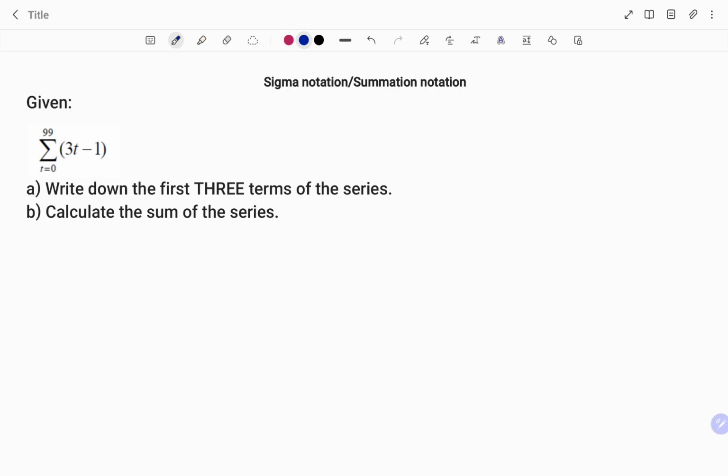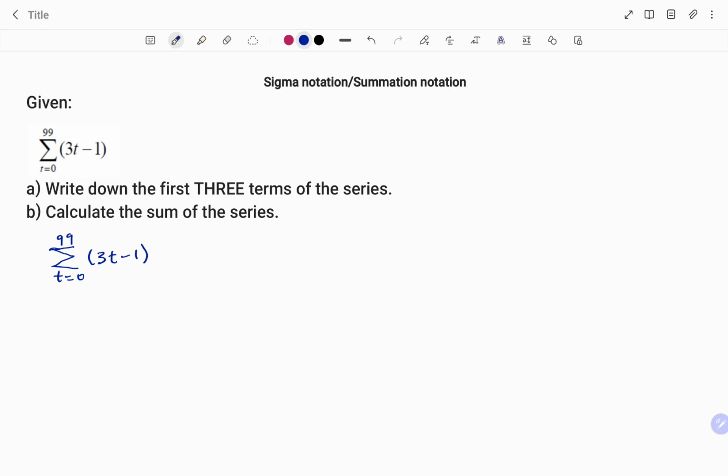In order to write the first three terms of the series, we've been given the sigma notation as summation t equals to 0, that's the starting point, to t equals to 99. The Tn formula is 3t minus 1.